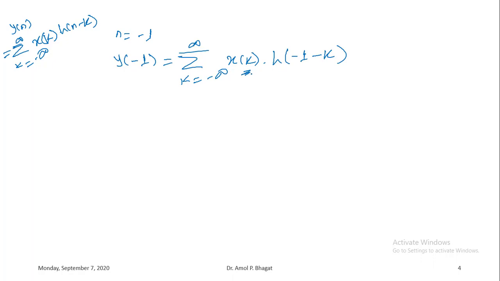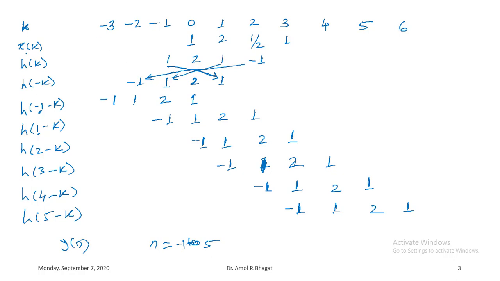Here you need to multiply these two values, x of k and h of minus 1 minus k. These values you can observe here in the table. This is x of k, and this one is h of minus 1 minus k. You need to multiply these two values, but at minus 3 there is no value in x of k, so the multiplication will be 0. At minus 2 again there is no value in x of k, so it will be 0.